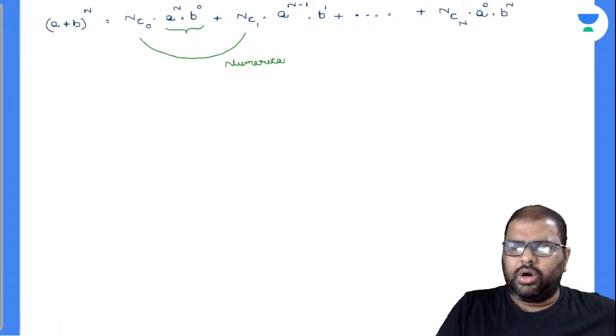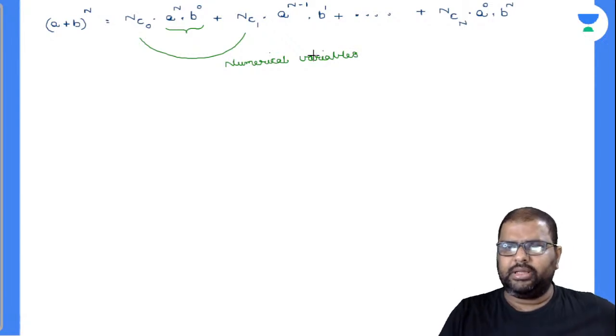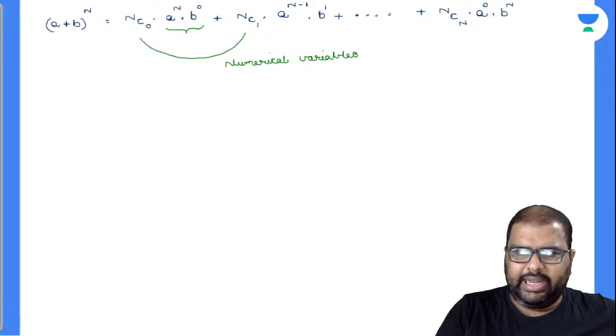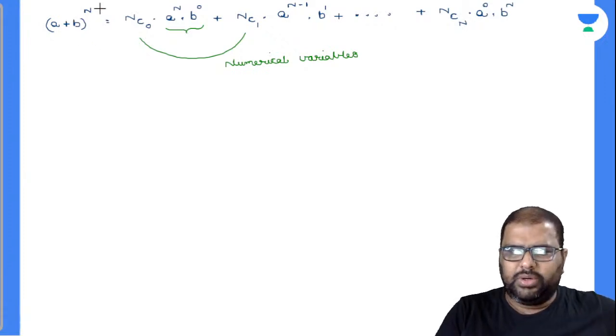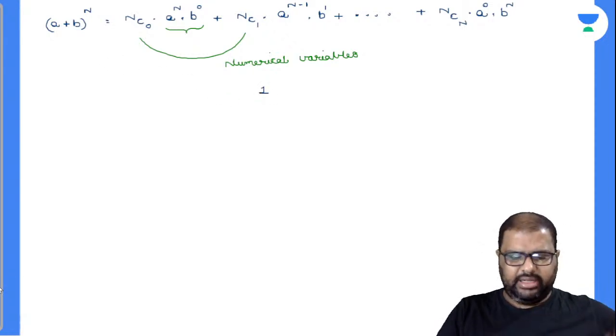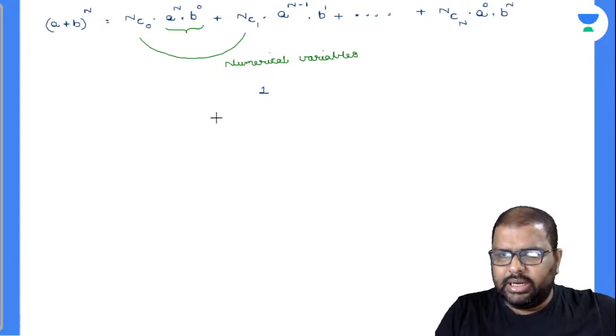So I'll take all those numerical variables outside. Then I'll make a triangle, right? A tree. So (a plus b) whole to the power of 0 is equal to 1. (a plus b) to the power of 1 is a plus b. In front of a it is 1, in front of b it is 1. I will write down 1 and 1 there.